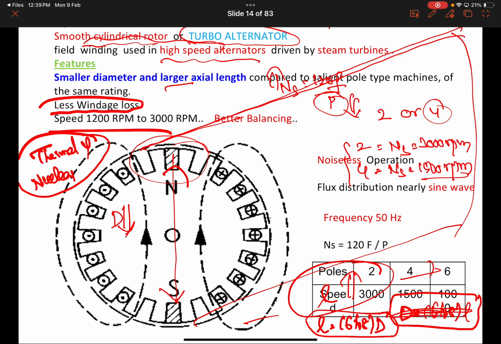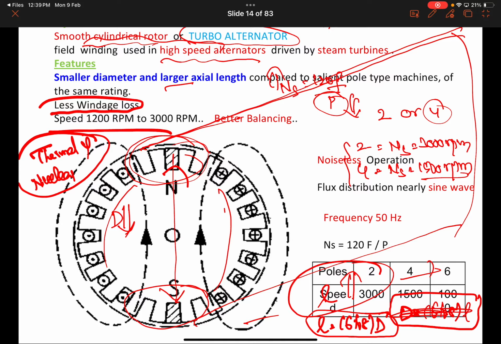If I assume this cylindrical rotor front view as 360 degrees, only 1/3 will be used for the pole formation. The rest of the 2/3 will be used for accommodating the field winding.